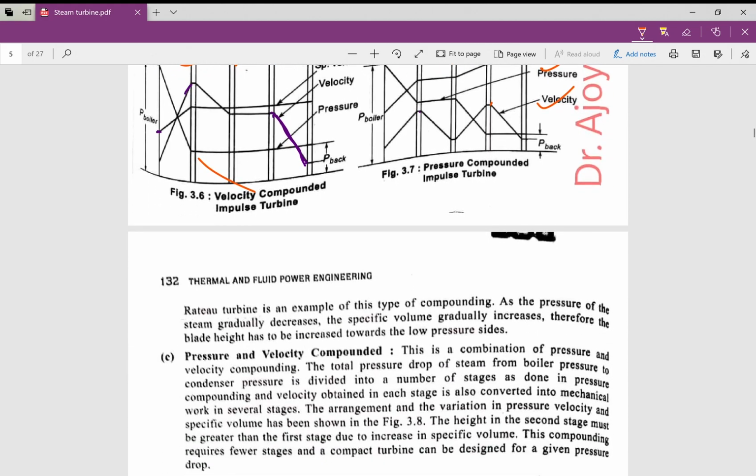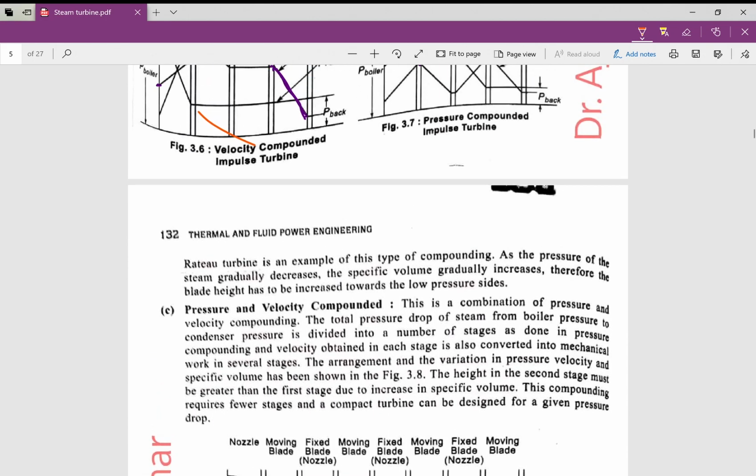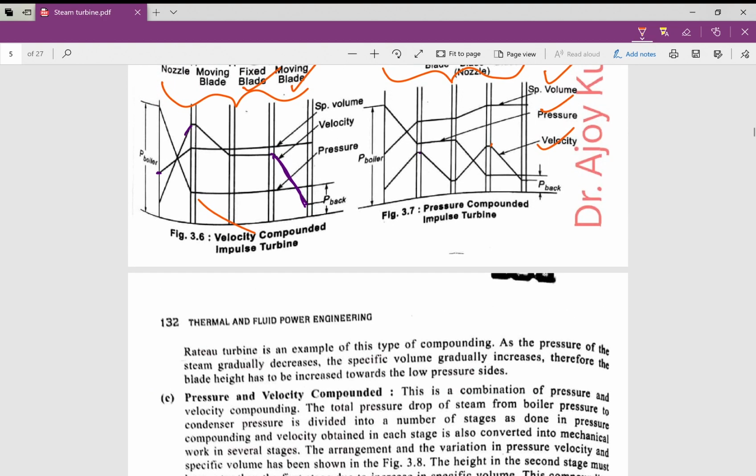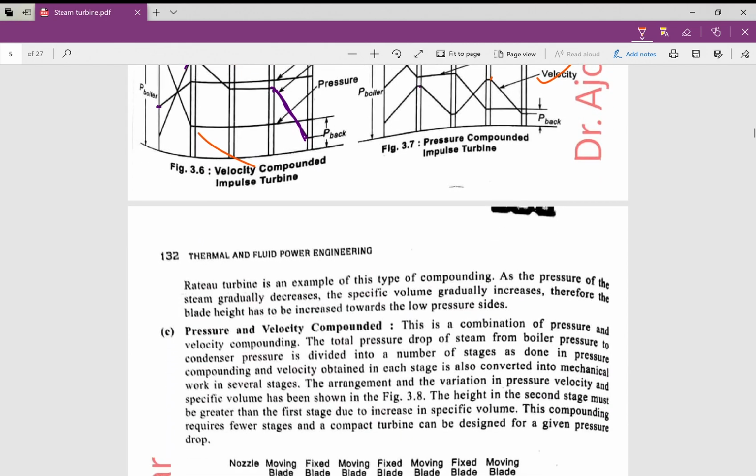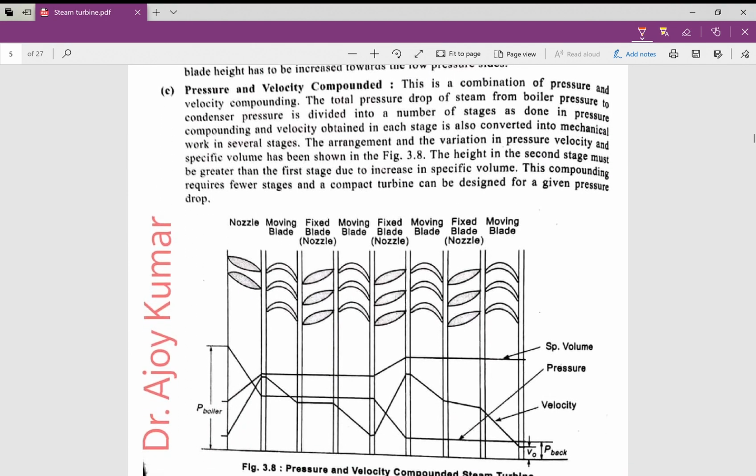The third combination is pressure and velocity compounding. So here there is an arrangement for this pressure and velocity compounding. The arrangement is nozzle, moving blade, fixed blade, and then moving blade, fixed blade, moving blade, fixed blade, moving blade.